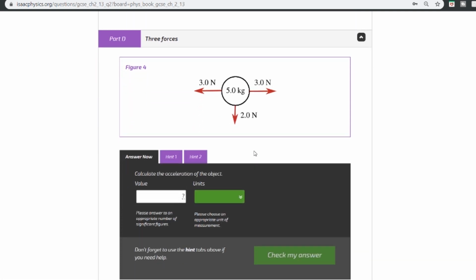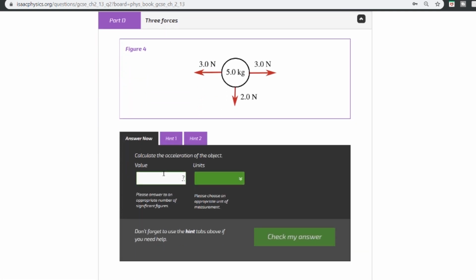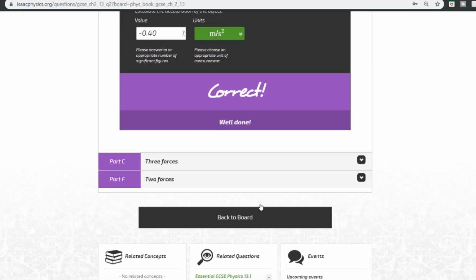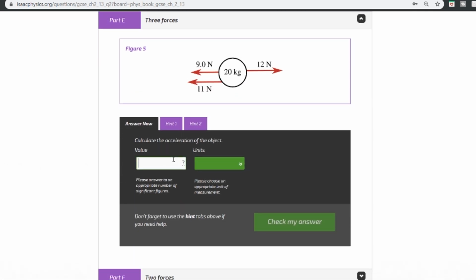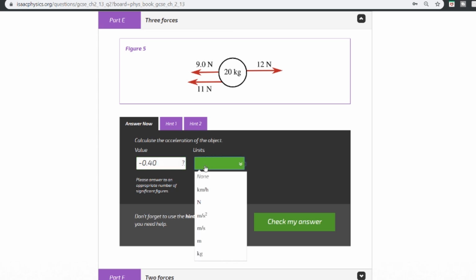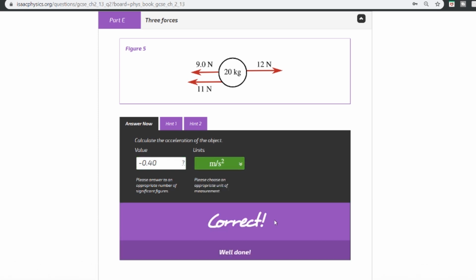Okay, 3 forces. Because it's going down, it's going to be a negative number, and we said negative 0.40 meters per second squared because it's an acceleration. That's correct. The next one, I think it's the same answer, and it was minus 0.40 meters per second squared.